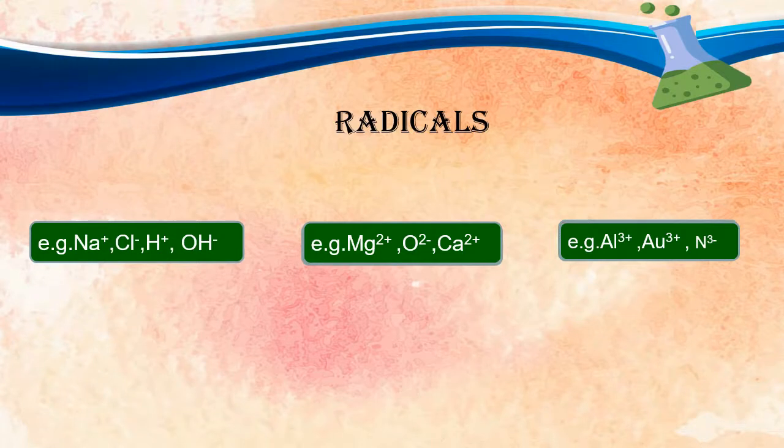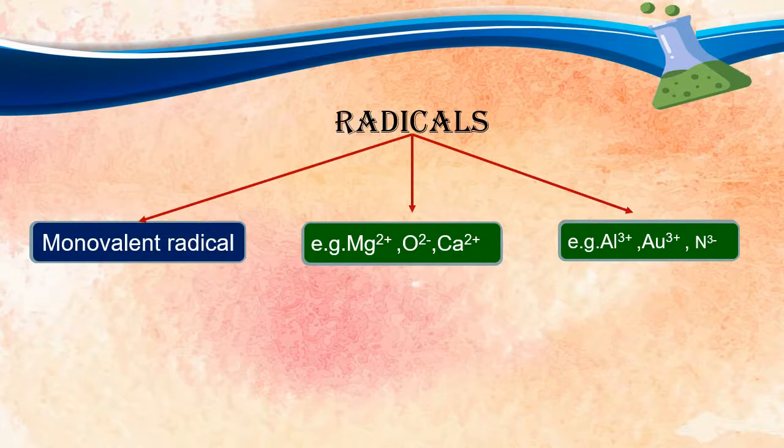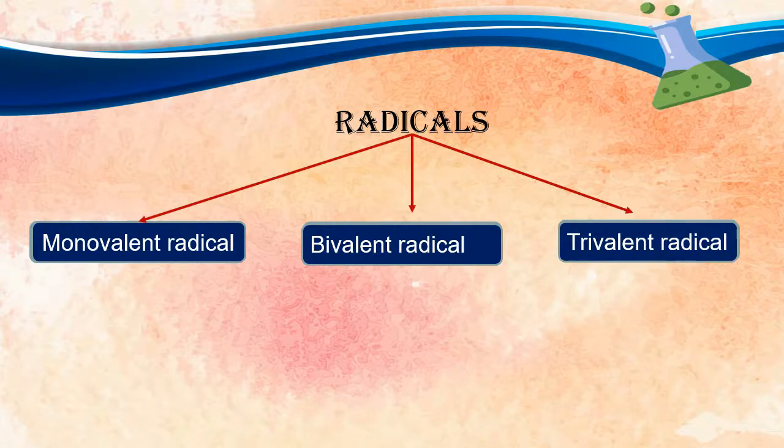Depending on the number of charges on it, the radicals are further classified as monovalent radical, bivalent radical and trivalent radical. As the name suggests, monovalent radical means the radicals carrying a single charge.